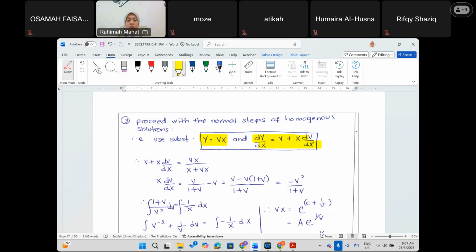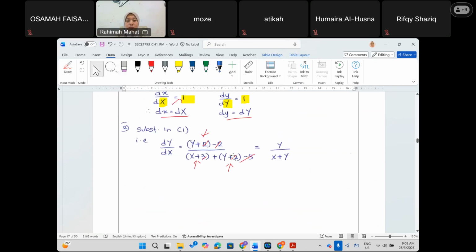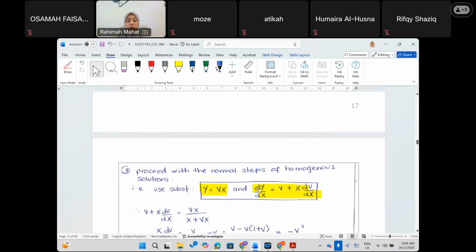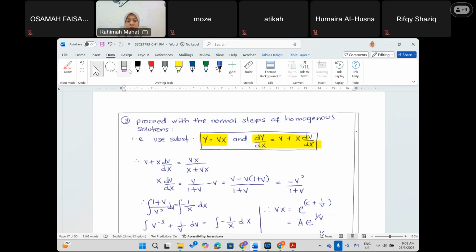So from here, the last step, you know that this is dy over dx. You substitute with this one. dy over dx is v plus x dv over dx. This is what you got here.